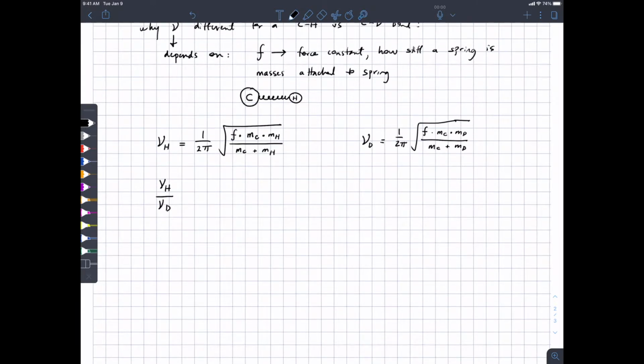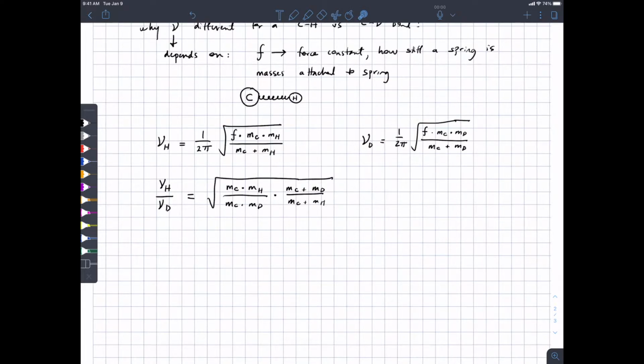Okay? So if you divide these numbers by each other, we won't do the algebra, but the constants cancel out. And you end up with, let's see, mass of carbon times mass of hydrogen divided by mass of carbon times mass of deuterium, right? Times mass of carbon plus mass of deuterium divided by mass of carbon plus mass of hydrogen.